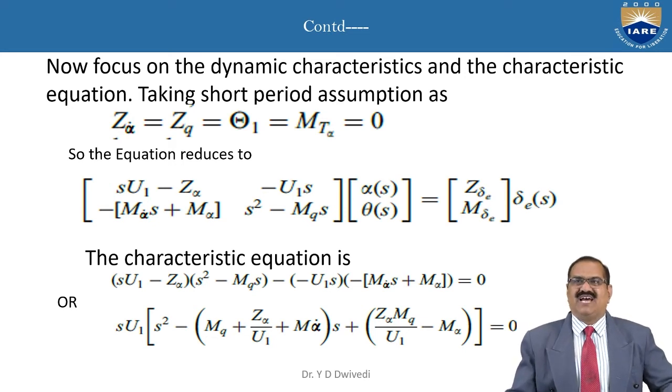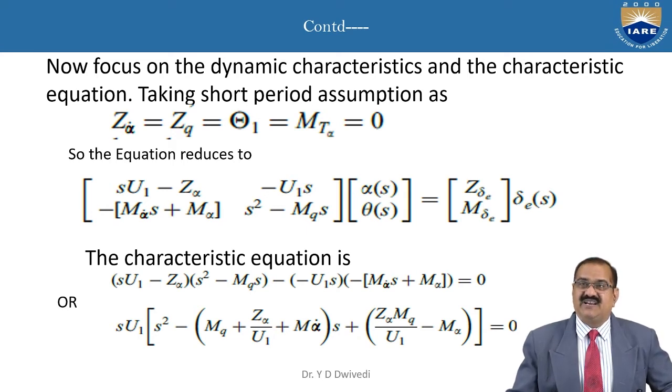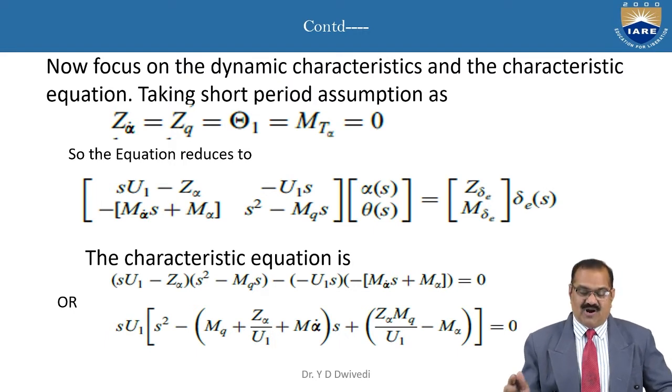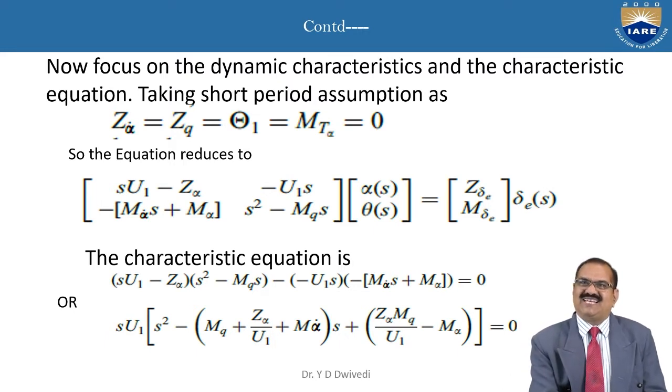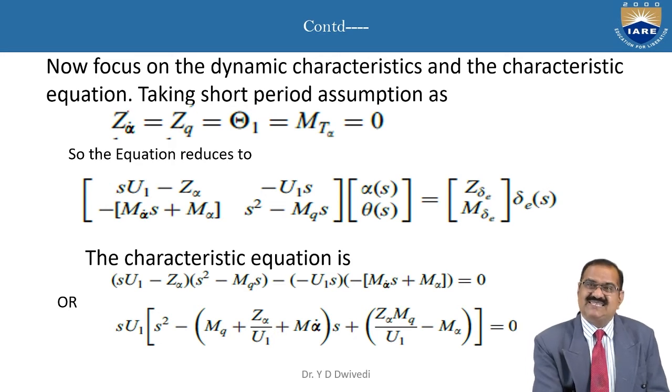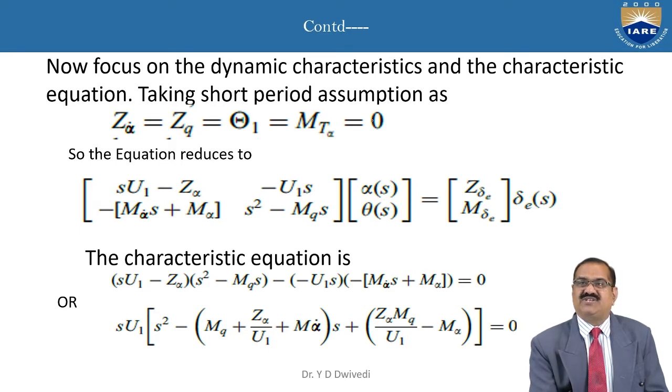Now focus on the dynamic characteristics and the characteristic equation, taking short period assumptions. In the short period, the time is very short. So Z alpha dot is equal to Z q is equal to theta 1 is equal to M T alpha. These all will be 0.